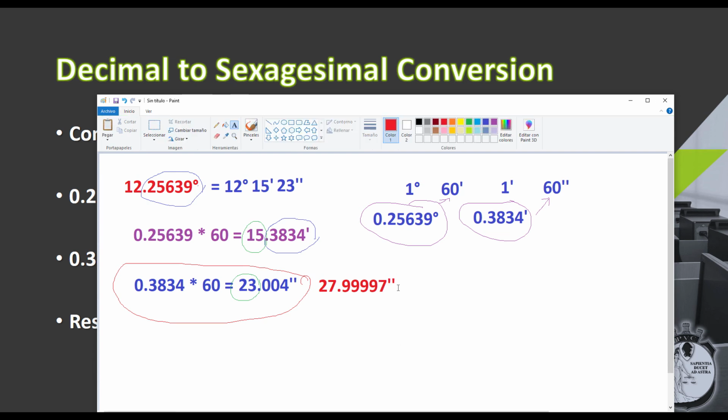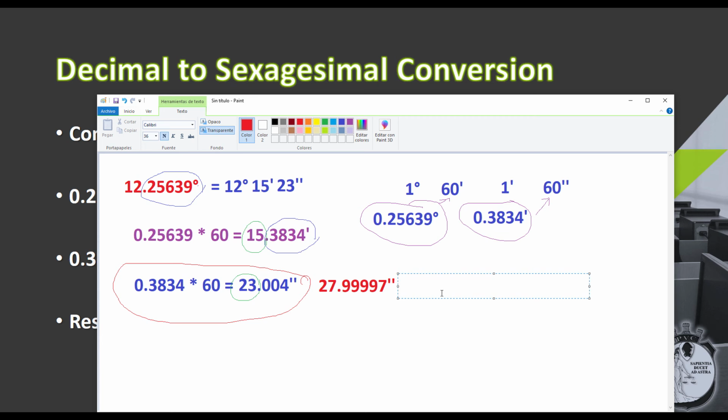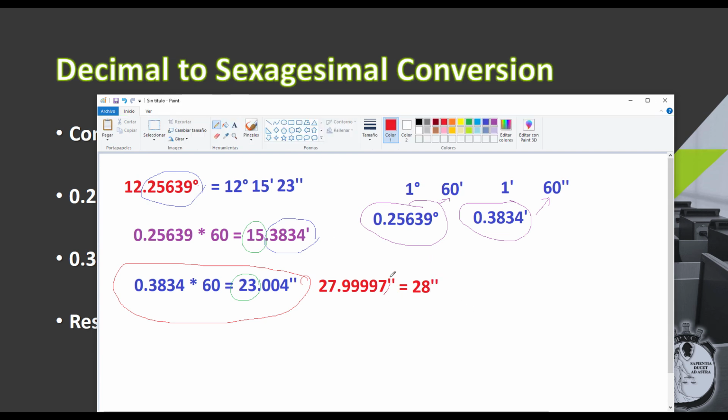Yeah, you can consider that like 28 seconds. Yeah, because it's very near. But only with the seconds, not in the minutes. Okay, this is all about those conversions.